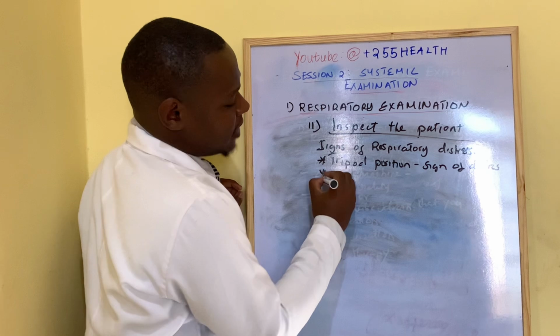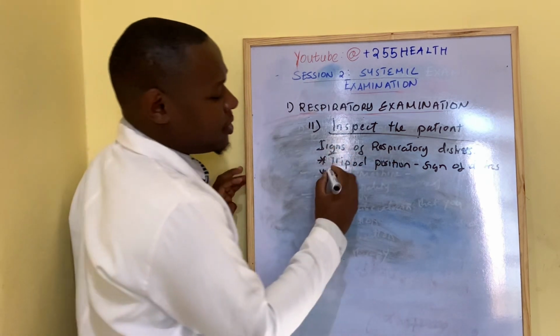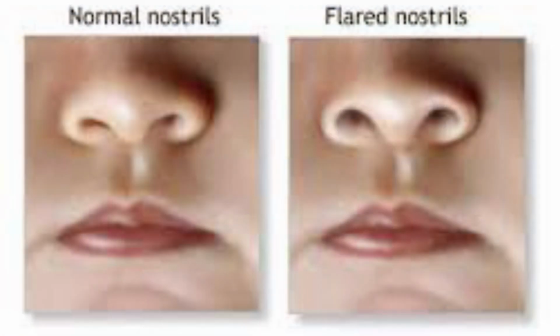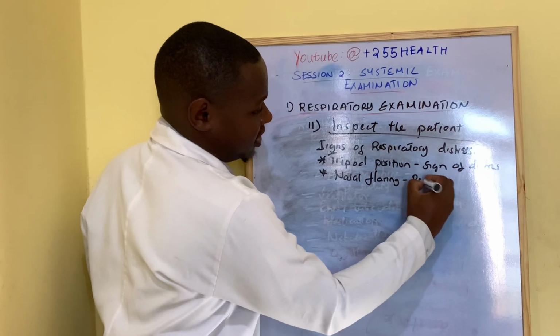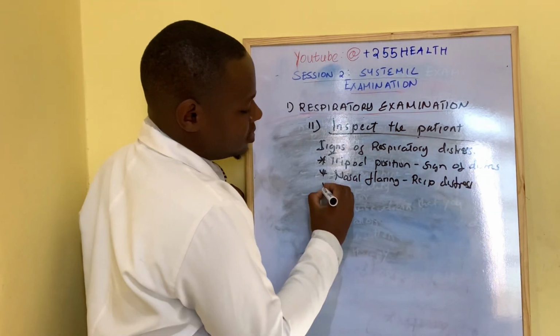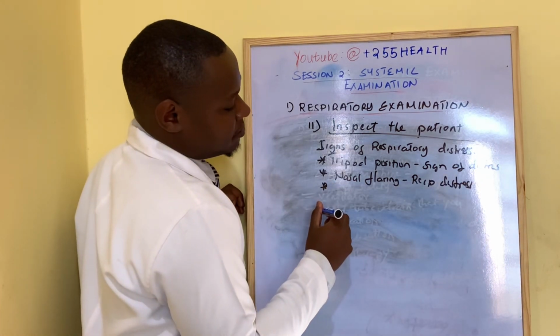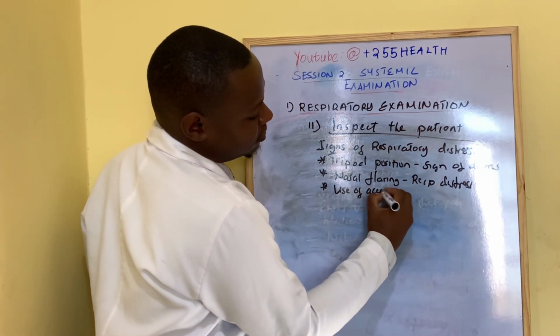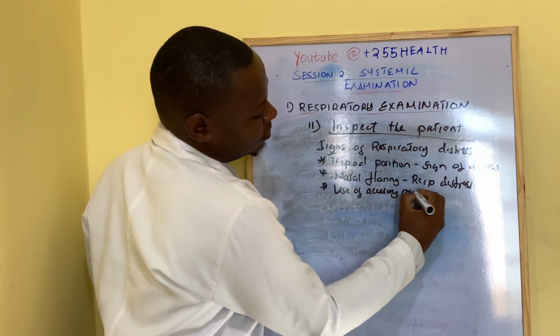Other signs of respiratory distress: maybe the patient has nasal flaring. This is also a sign of respiratory distress. Maybe the same patient is using accessory muscles in respiration.